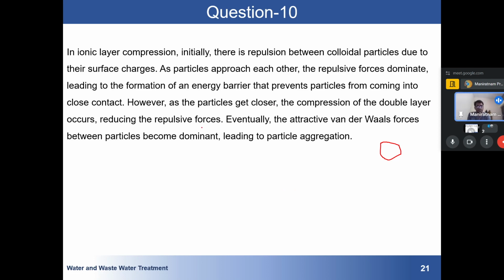The double layer present in the system will get compressed, and the repulsive force will also be reduced. Eventually, the attractive van der Waals forces between the particles become dominant, leading to particle agglomeration.